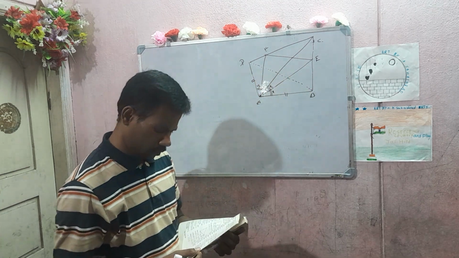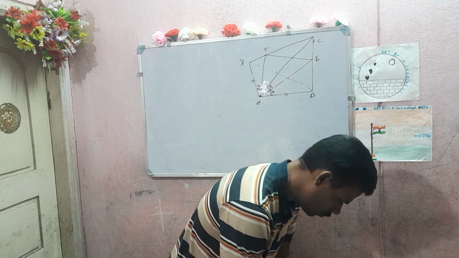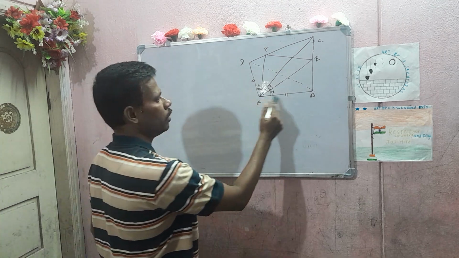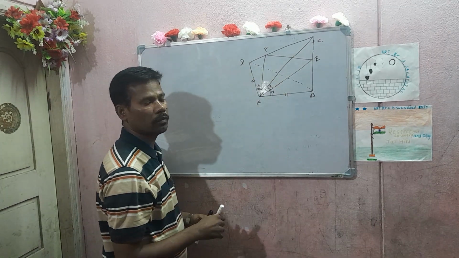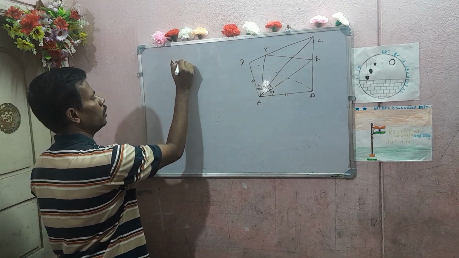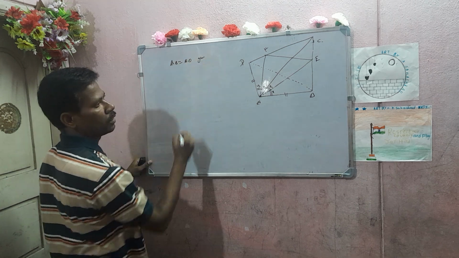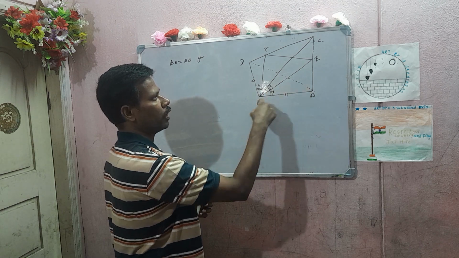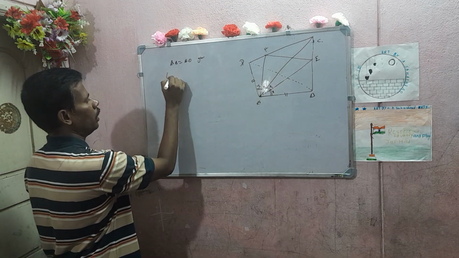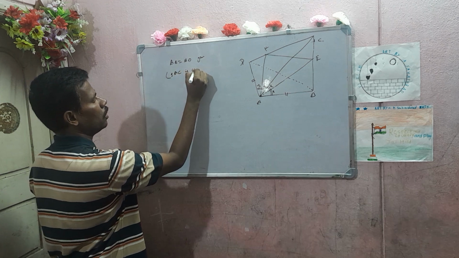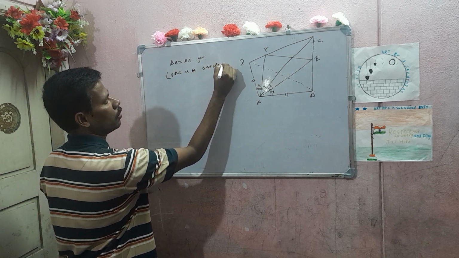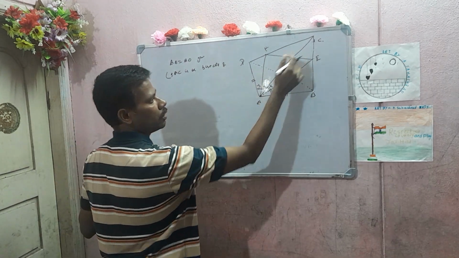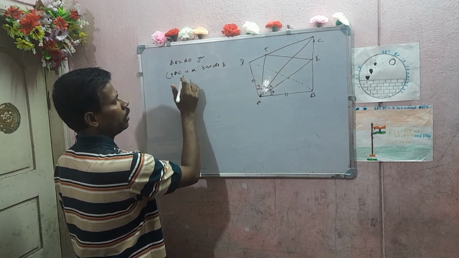So how to do this one? Here ABCD is a quadrilateral. AB is equal to AD, given.